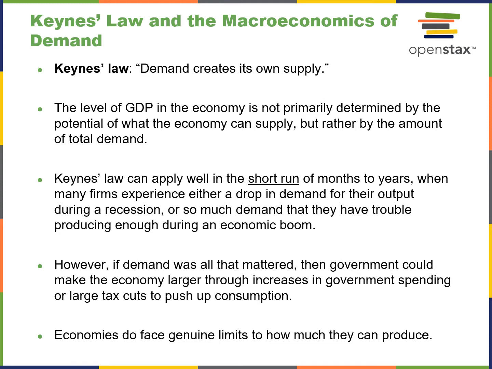The level of GDP in an economy is not primarily determined by the potential of what an economy can supply, but rather by the amount of total demand. Keynes' Law can apply well in the short run. So this is a short-run view of months to years.